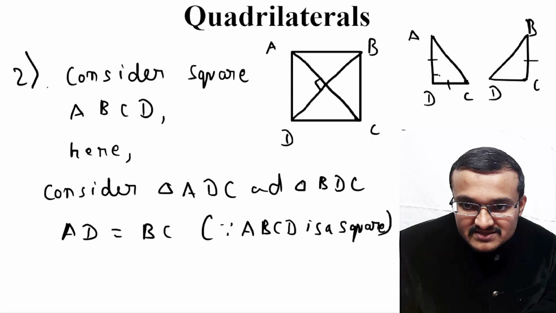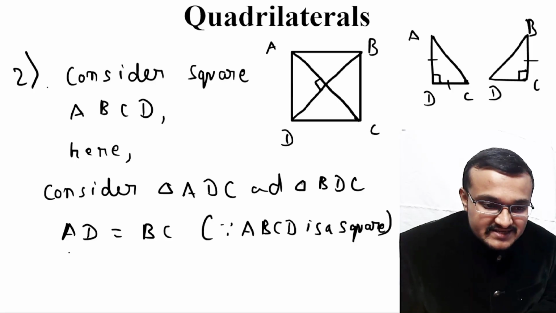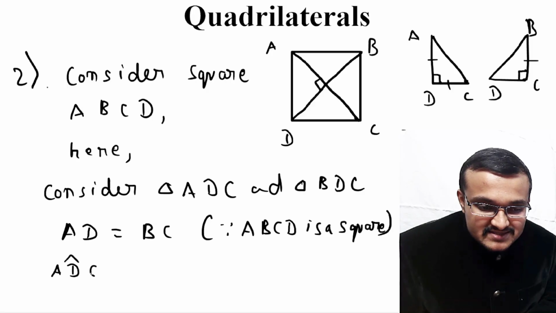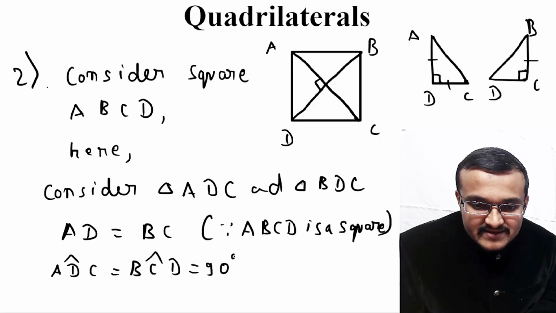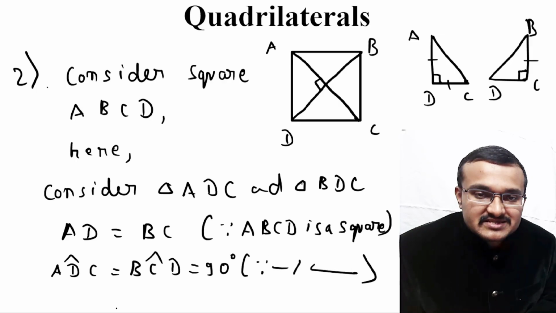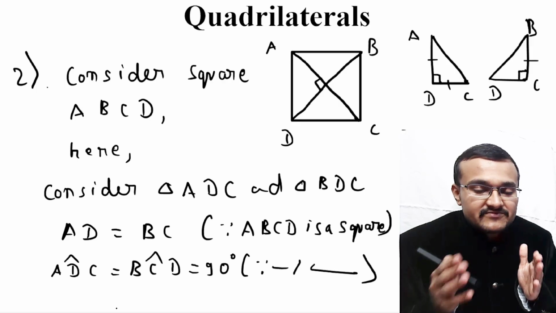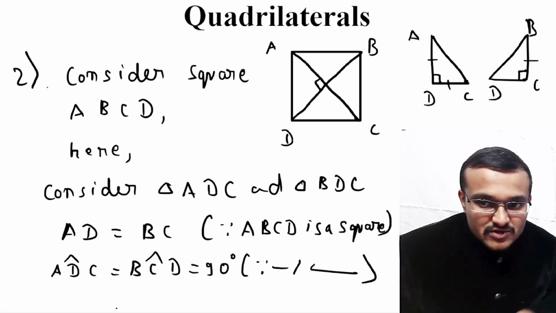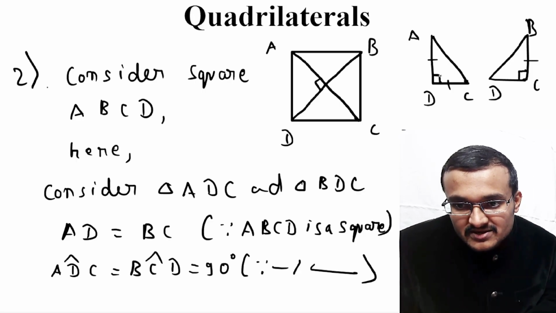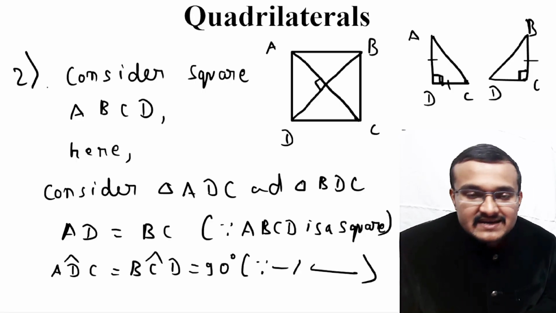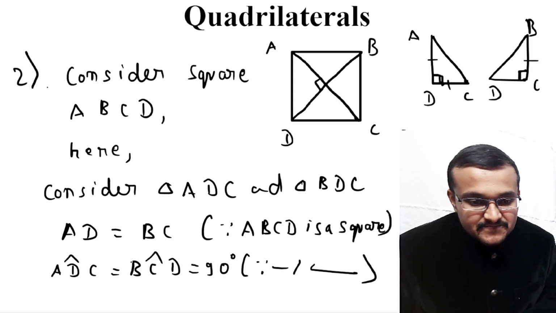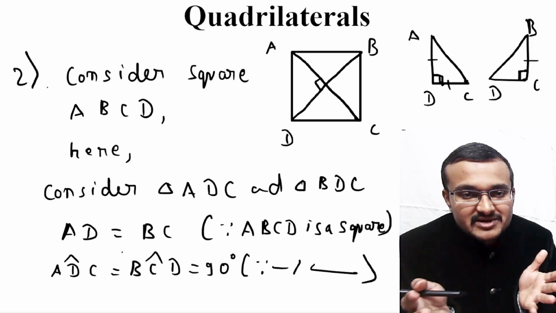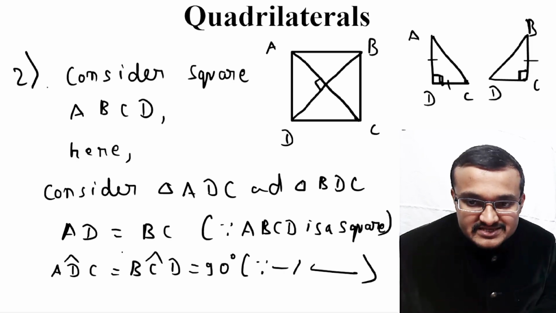And here we'll consider this particular angle and this particular angle, that is ADC and BCD. So ADC is equal to BCD is equal to 90 degrees. Again the same reason applies, because in a square all the angles will be equal to 90 degrees. So this particular angle D and this particular angle C both will be equal to 90 degrees.